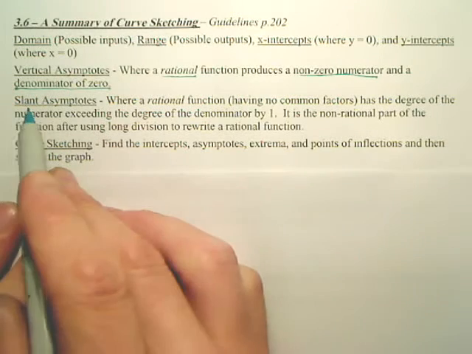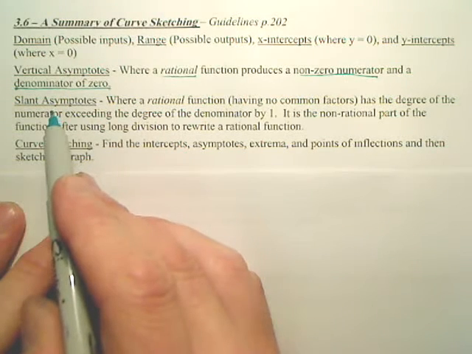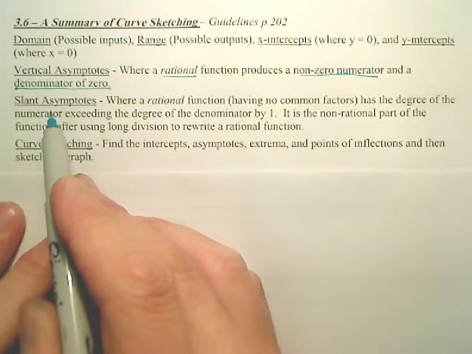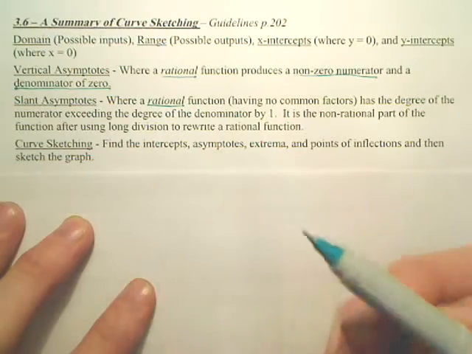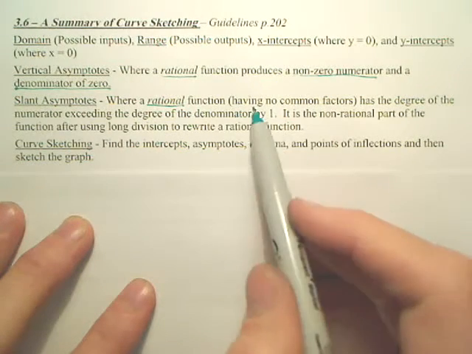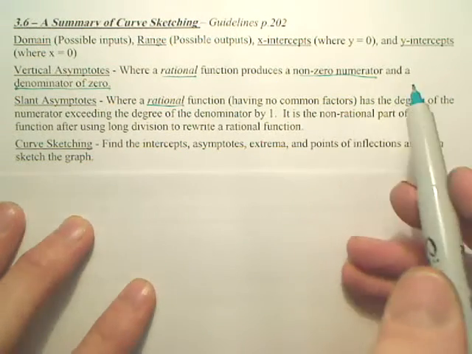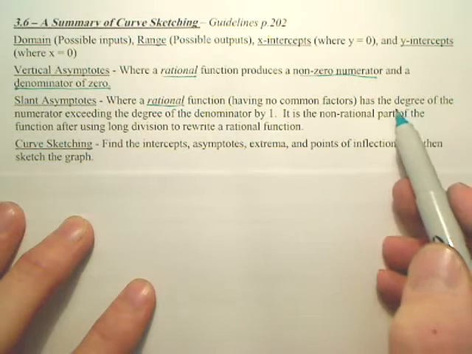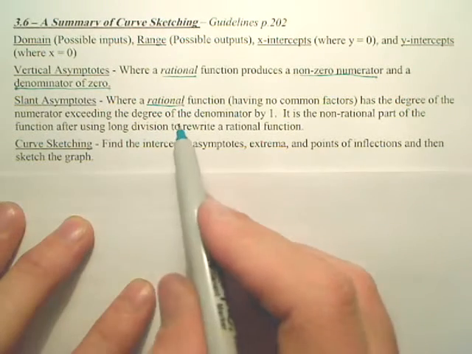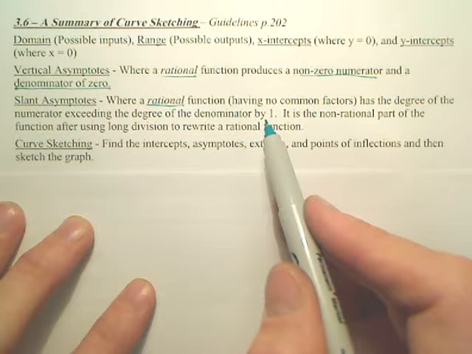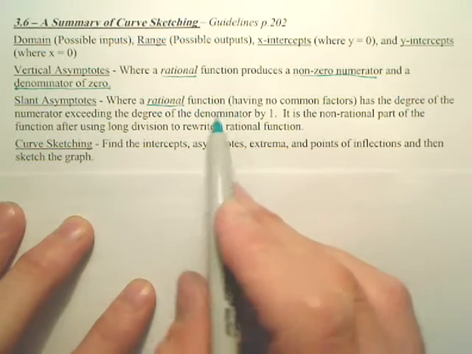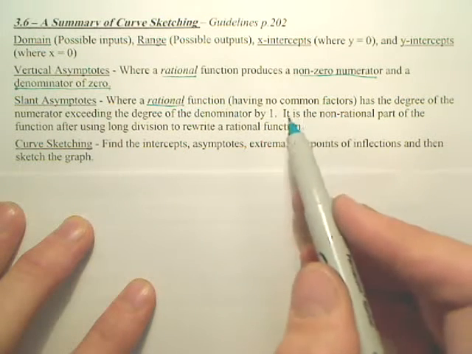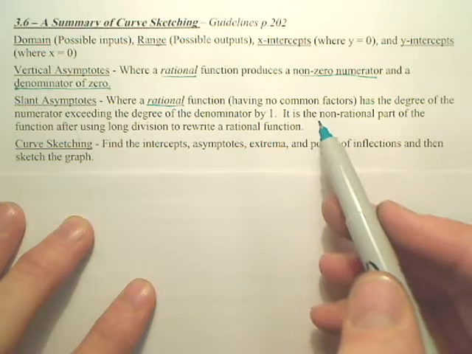Okay. Slant asymptotes we've never talked about. We'll talk about those more later, but basically slant asymptotes come when you have rational functions with no common factors, and the degree of the numerator exceeds the degree of the denominator by 1. So the numerator has an x cubed, while the denominator has x squared. When there's a change of 1, you can have a slant asymptote, and when nothing factors out, meaning it's non-removable, it's an asymptote.